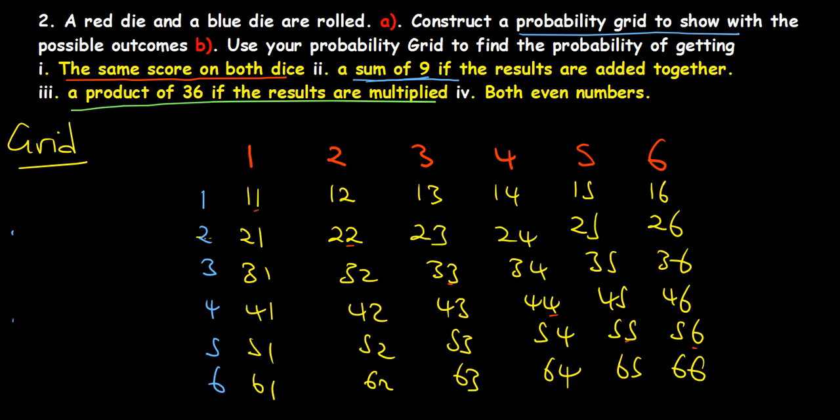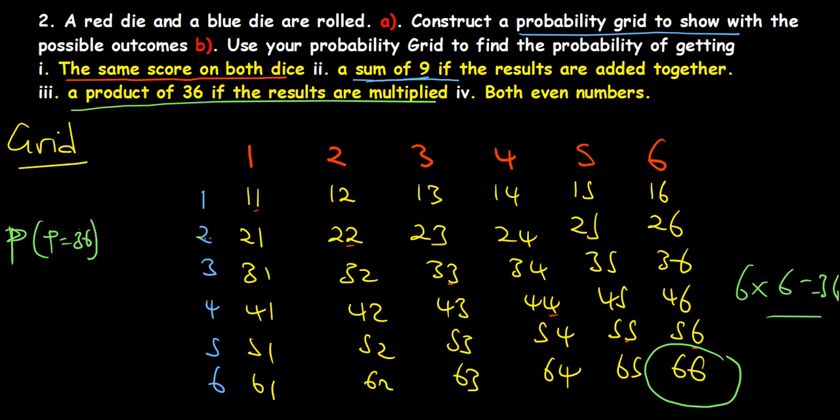So the one that gives a product of 36 is just this one here, the 6 and the 6. If you multiply 6 and 6, you get 36. That's all. If you multiply any other here, you won't get any. So it means the probability that the product is 36 will just going to be equals to 1 over 36. So this is the answer there.